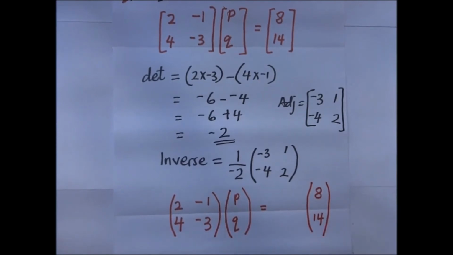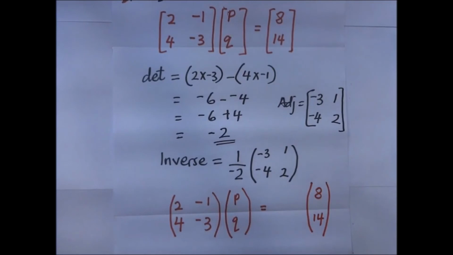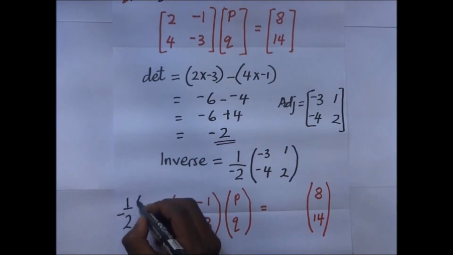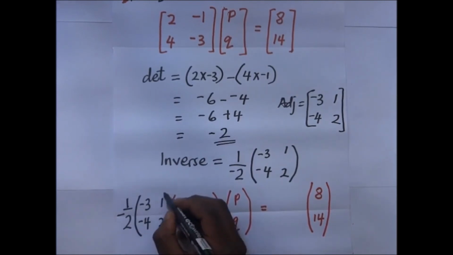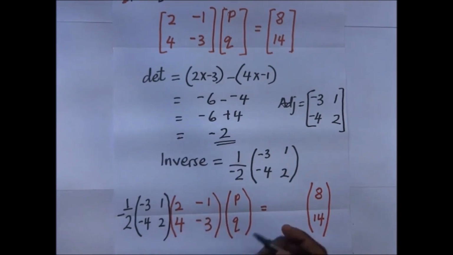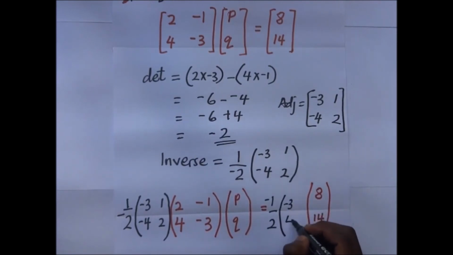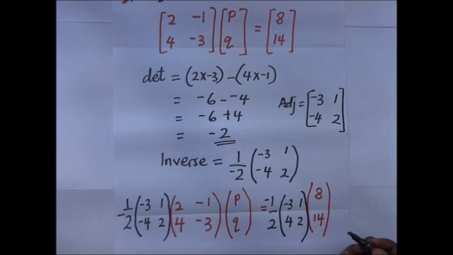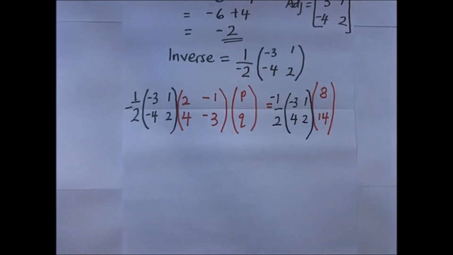So we are supposed to multiply this inverse on both sides of this. Multiplying that is going to give us negative a half into negative 3, negative 4, 1, 2, times that is supposed to give us 1 over 2, this is negative, into negative 3, 4, 1, 2. And then the rest is matrix multiplication and we get our answer.